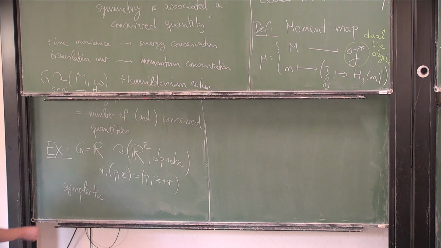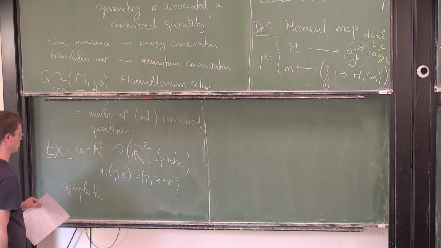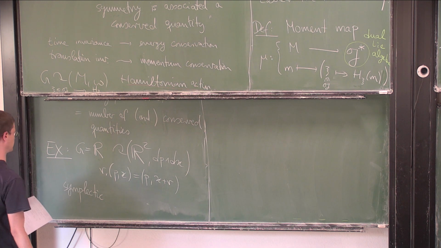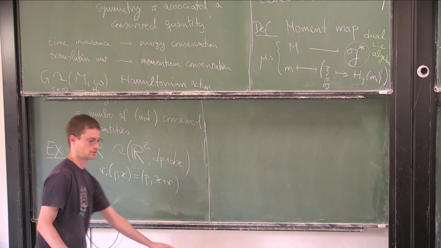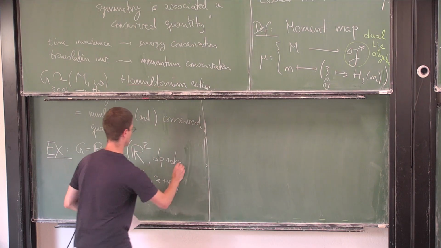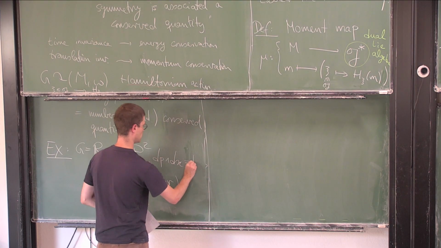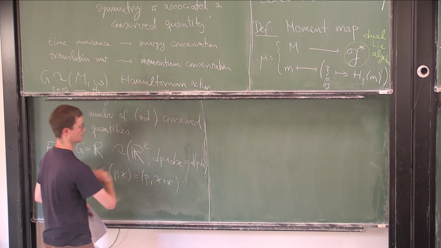So the Lie group is, well, actually, I think a good thing we should say is it's an exact action. You can write it as d of (p x), so it's an exact manifold.